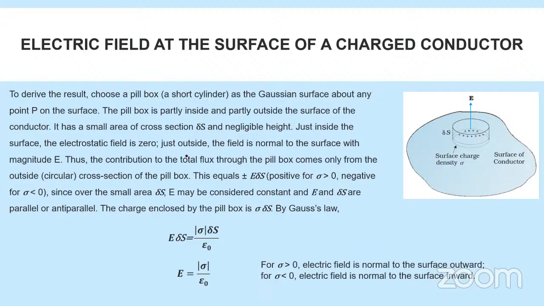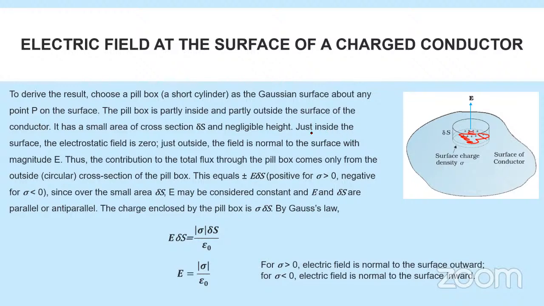So for finding the electric field at the surface of a charged conductor, we are going to consider a Gaussian surface in the form of a short cylinder. This short cylinder is partly inside the surface and outside the surface. It is enclosing a cross section, and this cross section is del S. The height we are ignoring.